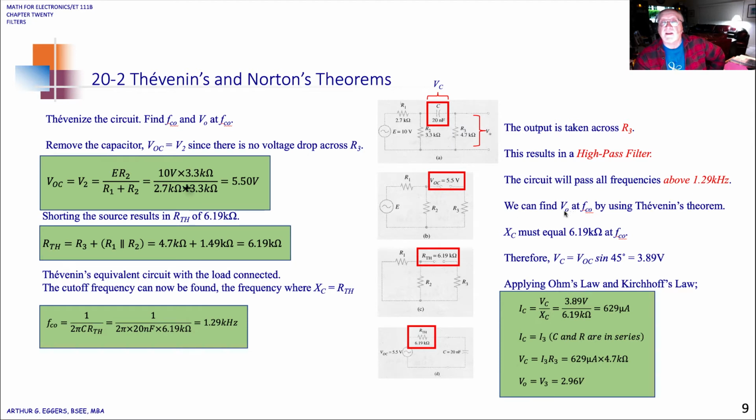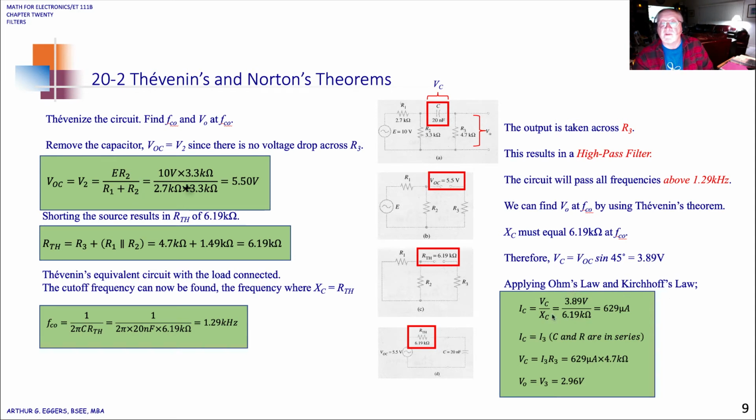We can find the output voltage at the cutoff frequency by using Thevenin's theorem. X sub C must equal 6.19 k ohms when we did our calculation. Therefore, V sub C equals the open circuit voltage times the sine of 45, or 3.89.